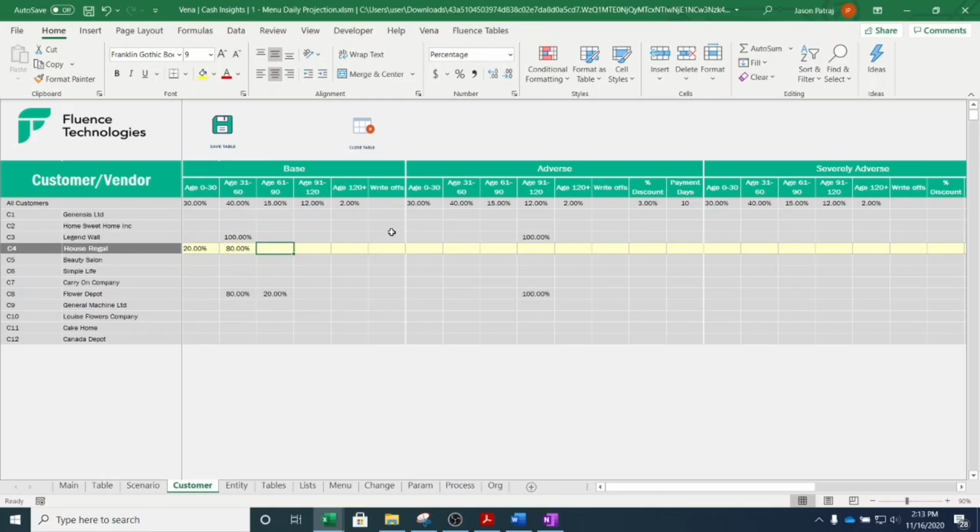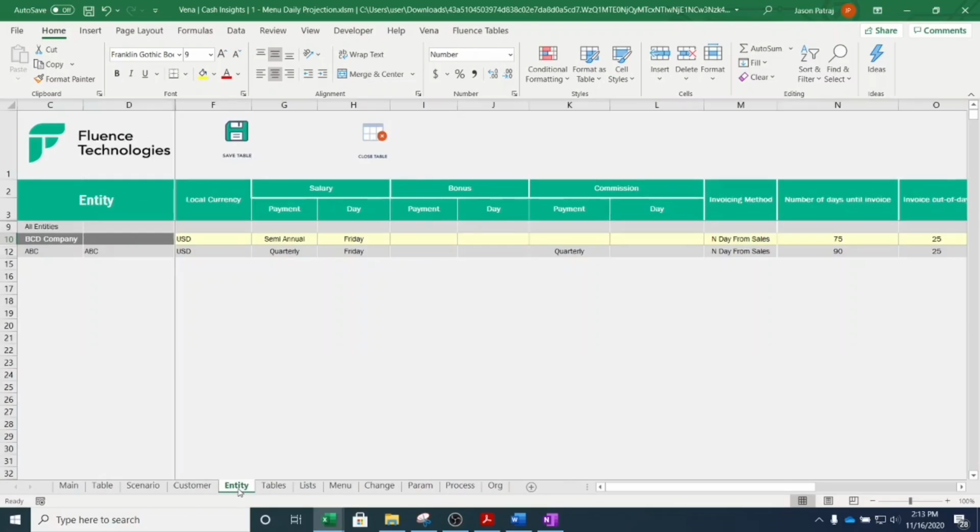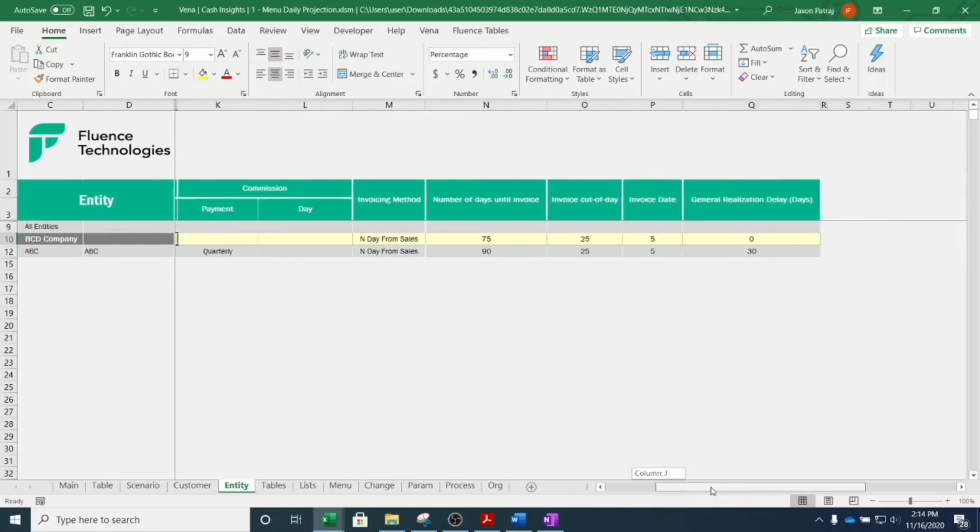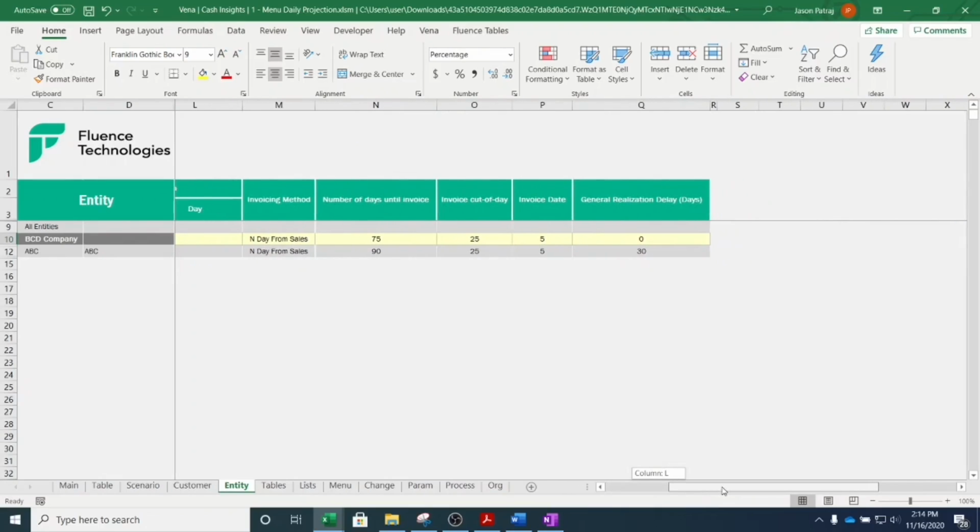These inputs can also be driven based on different scenarios. Other recurring cash considerations at the entity level can be completed. Cash outflows from payroll, and invoicing terms can be entered.